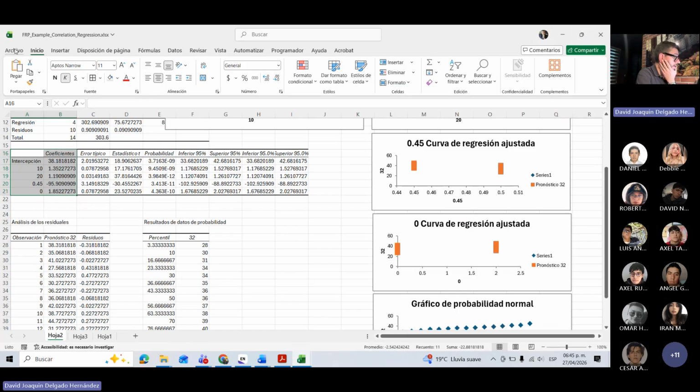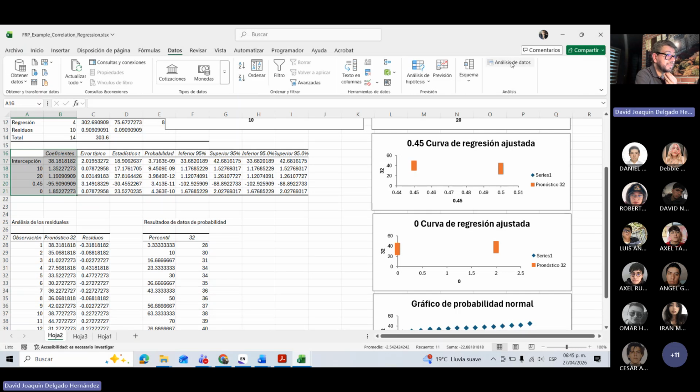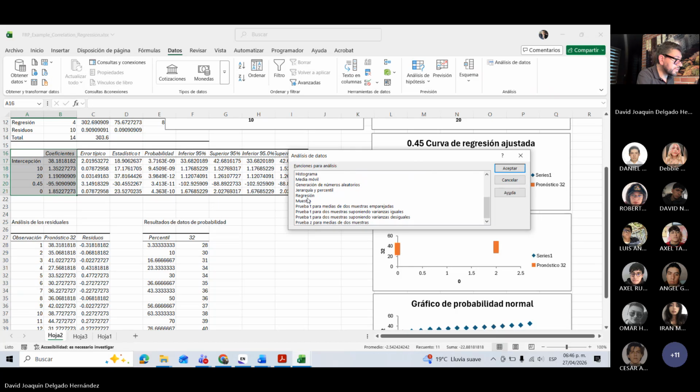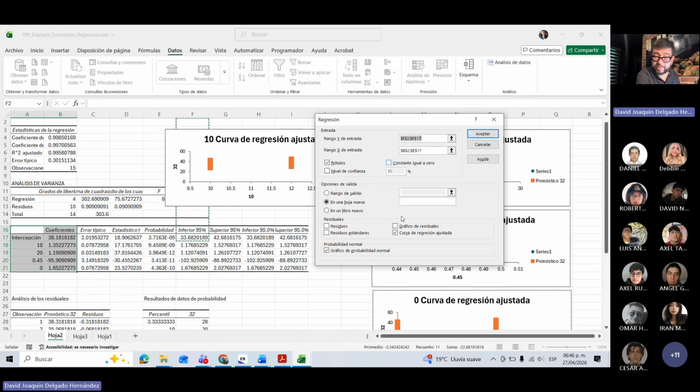You go to the datos, data analysis, and you look for regression in all these options. And that's it. You feed all the information that you require, and Excel will calculate automatically for you all the coefficients, the probabilities, and so on. And you are going to have this very good model for the regression, okay?